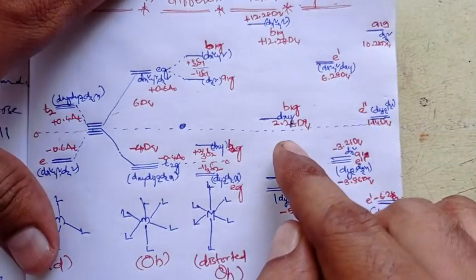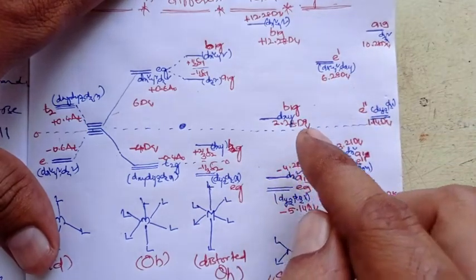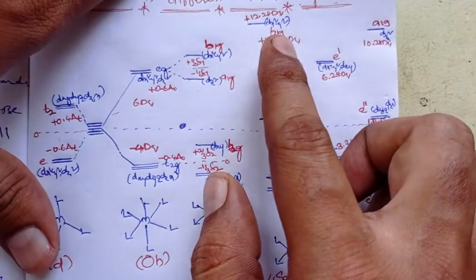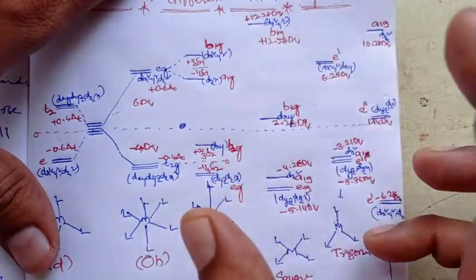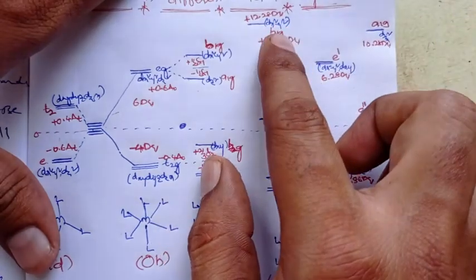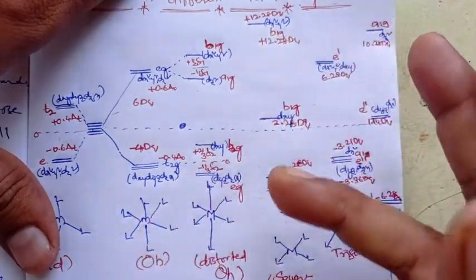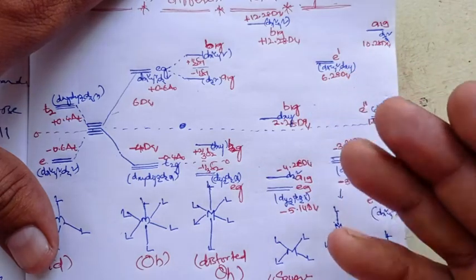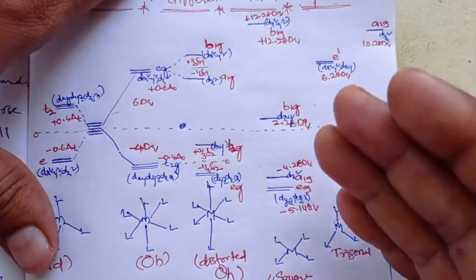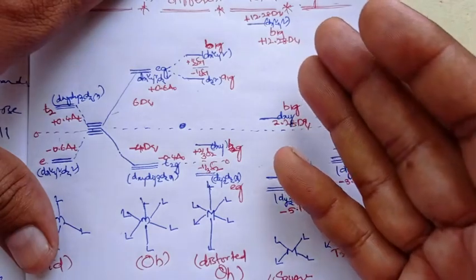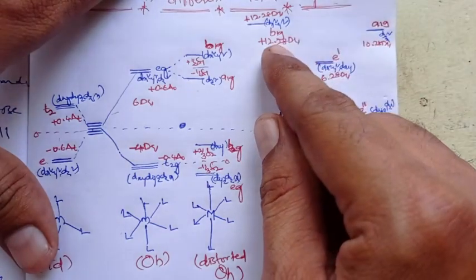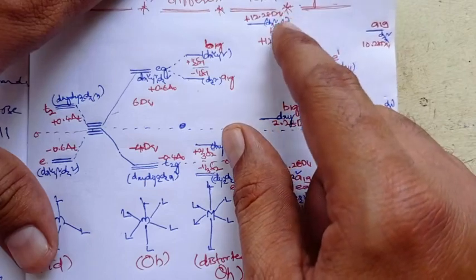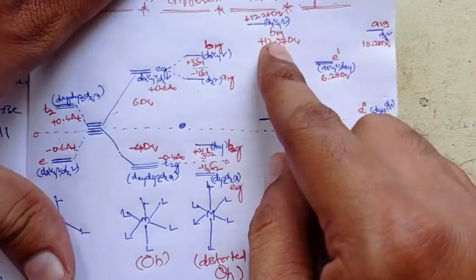The dx square minus y square orbital has all four ligands oriented towards it, so it has the highest interaction and highest destabilization, repulsive interaction, and excites to the highest energy state, that of 12.28 Dq, and generates a B1g energy state.